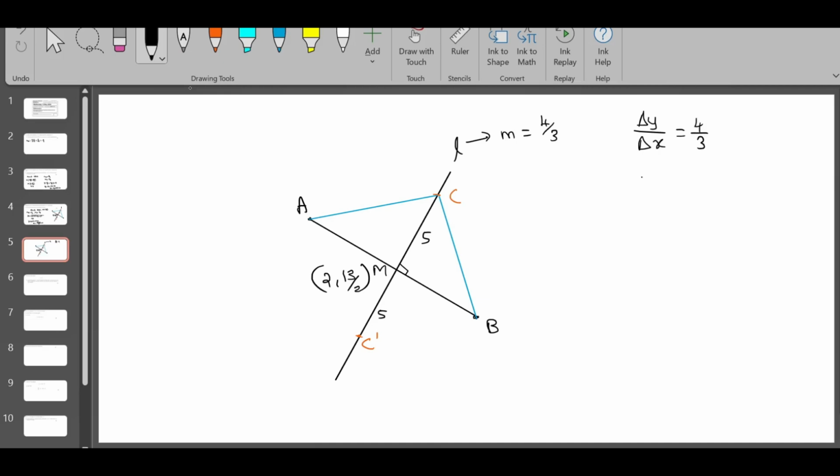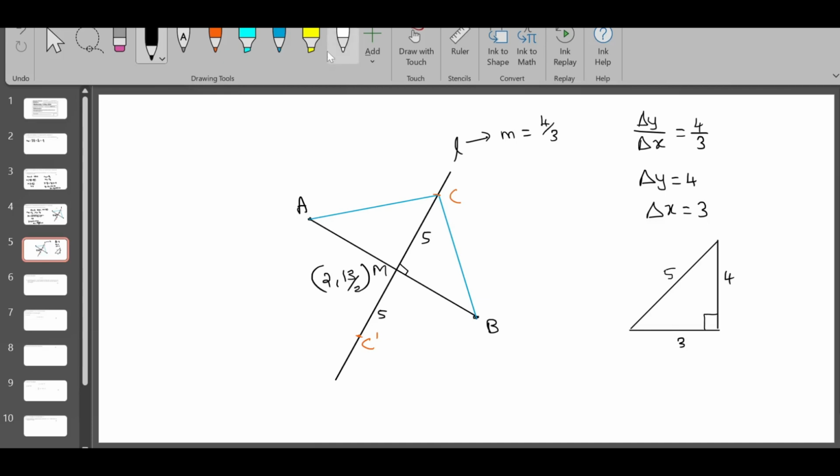The change in y is 4, the change in x is 3. So if you take the line with change in x of 3 and change in y of 4, and draw the right angle triangle, definitely this length will be 5.